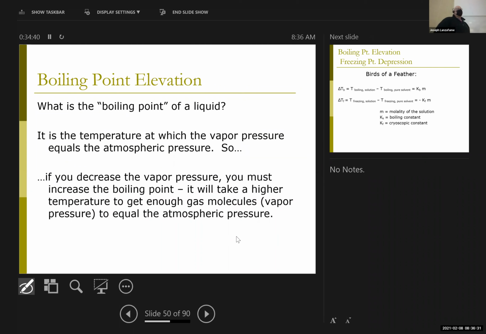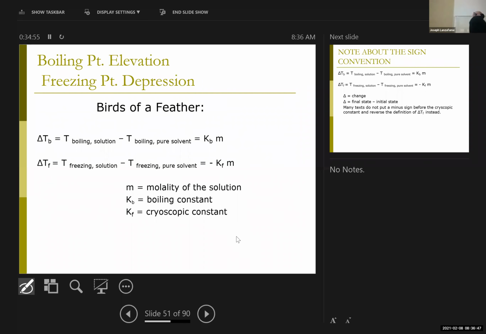Right. In the case of the boiling point, if you buy my whole argument about the vapor pressure and the statistical blocking, it has to increase the boiling point because the vapor pressure went down. There's a similar blocking mechanism that goes on with the freezing, which I'll show you a picture in a minute.